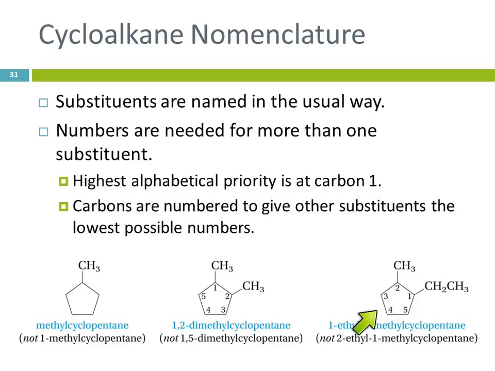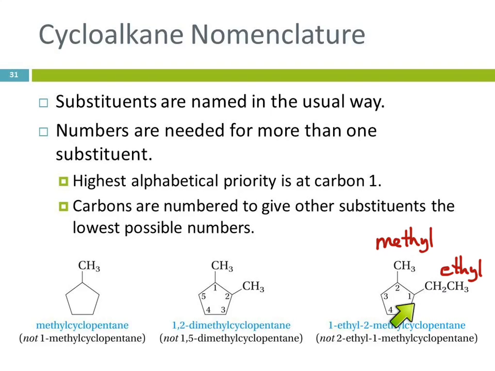Here's another cyclopentane. Here we have 2 different groups, though. We have methyl and we have ethyl. And now we have to use the alphabetical priority. So there's methyl and ethyl. You look at their names and say, which comes first in the alphabet? Well, ethyl does.